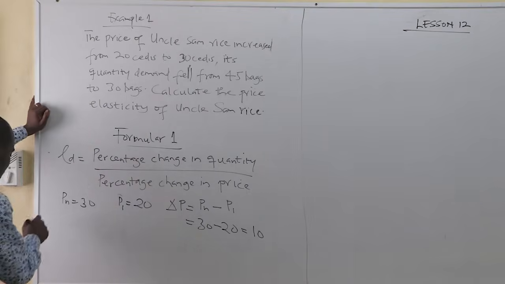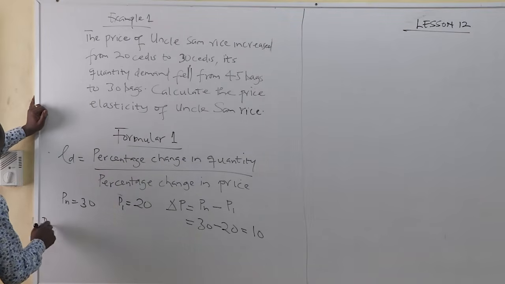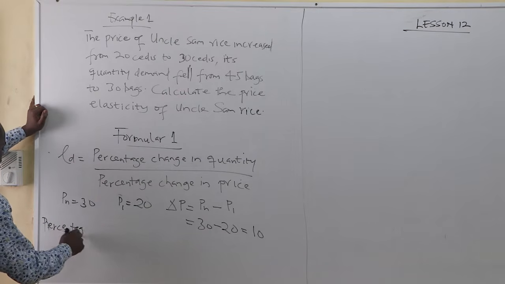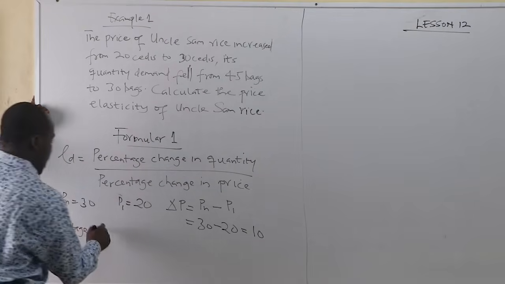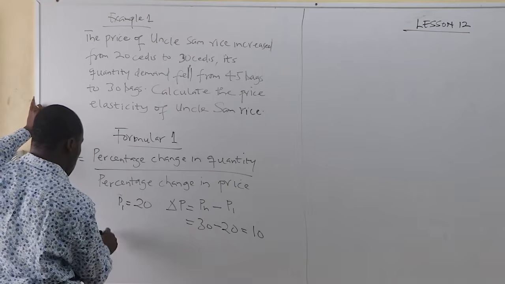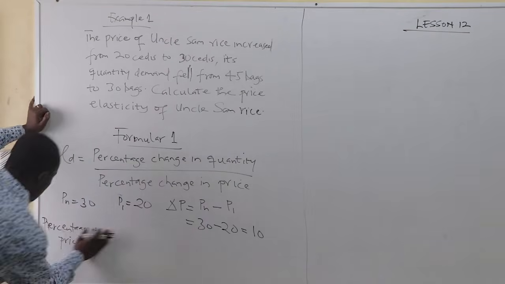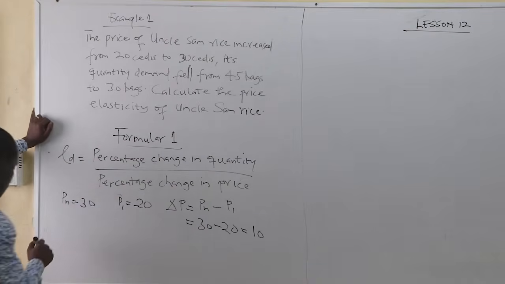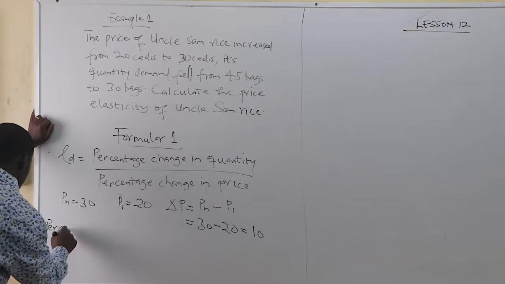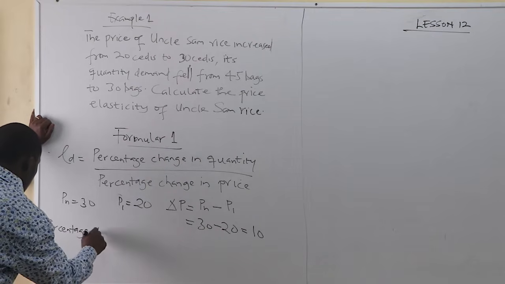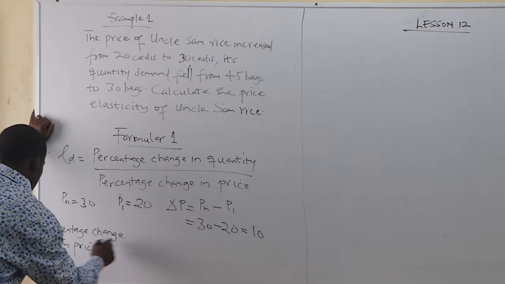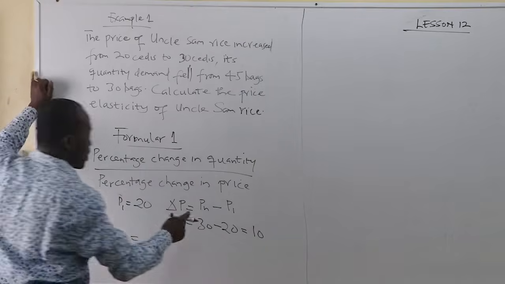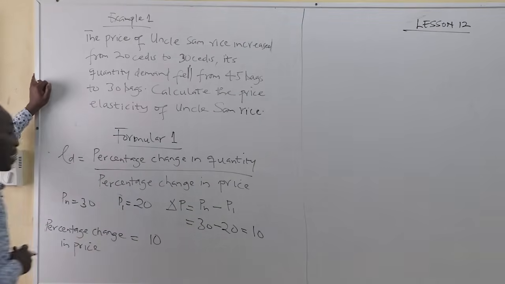So, if you want to find the percentage change in price, it's going to be the change. The percentage change in price is equal to the change, the change is 10, divided by the initial price.